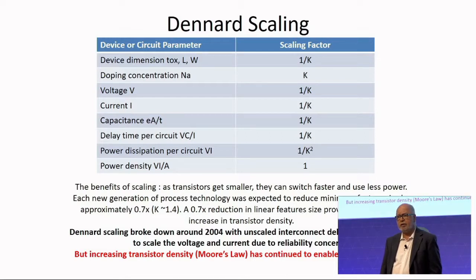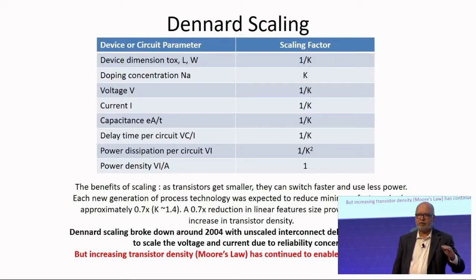Along the way, there was something called Dennard scaling. Dennard was somebody who worked at IBM, and what he observed was that when you go from one semiconductor node to the next, there was a constant scaling factor K, and the value of K was 0.7. All of the physical and electrical parameters scaled by that same factor of K, so it was very easy to move from one node to the other.